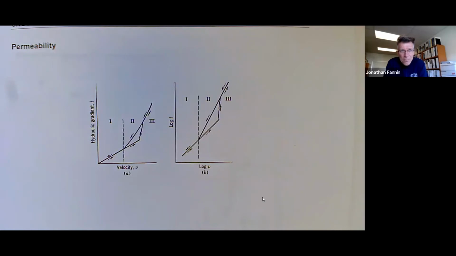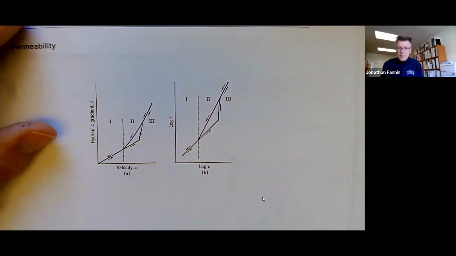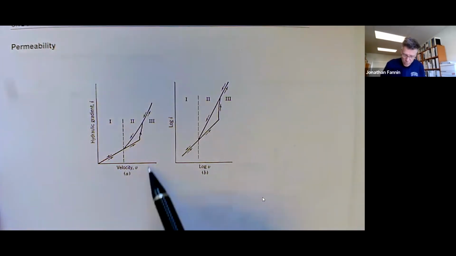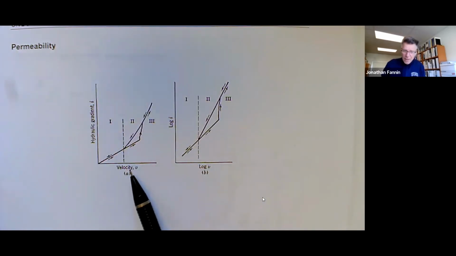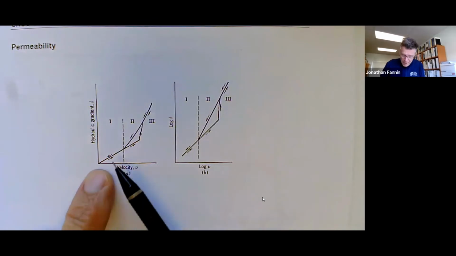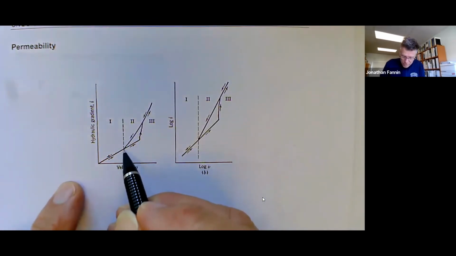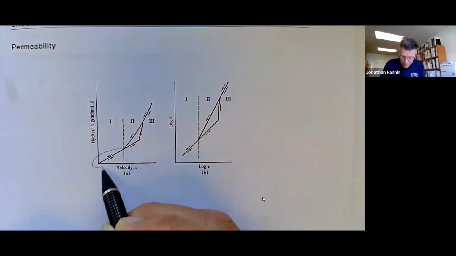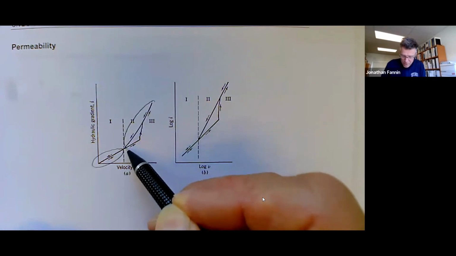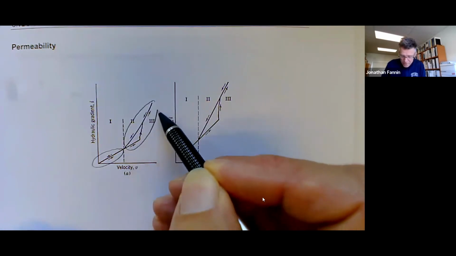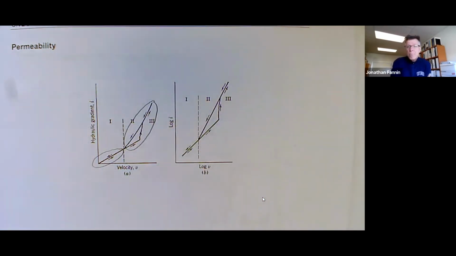Grab a secondhand copy, cheap as chips, and it's full of very interesting information dating back to the origins of soil mechanics. One of his observations in the relation between hydraulic gradient and velocity is there is a zone where the relation is linear, and there's a zone as we get to higher hydraulic gradients where the linear relation breaks down.